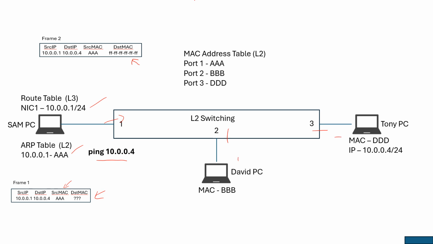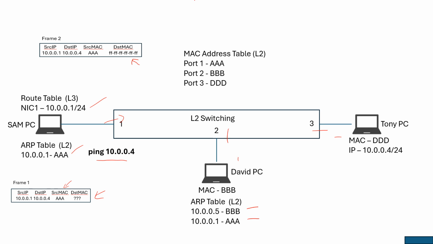David PC accepts this frame, it opens it and sees the MAC and the IP address of Sam and it populates it in its own ARP table. So if you see over here, what it does, it has its own MAC and IP mapping. It also opened the broadcast frame and it populated the MAC address and the IP address of Sam's PC.